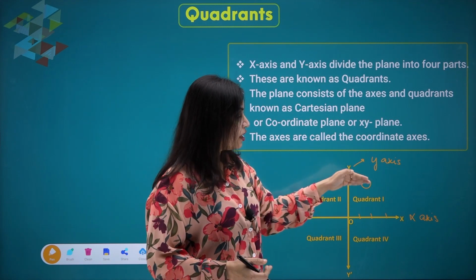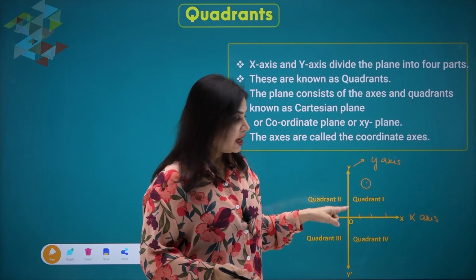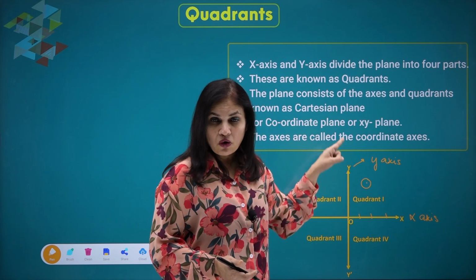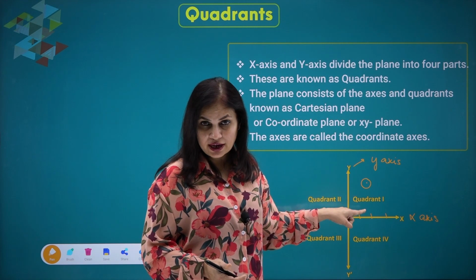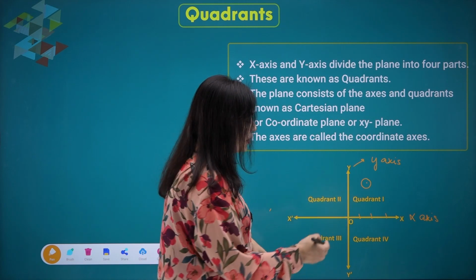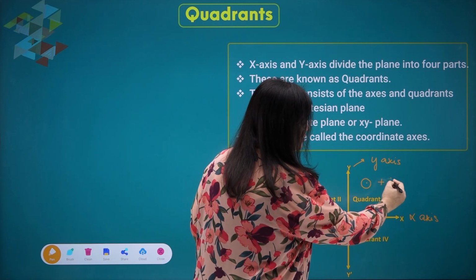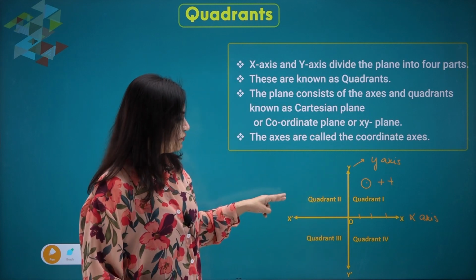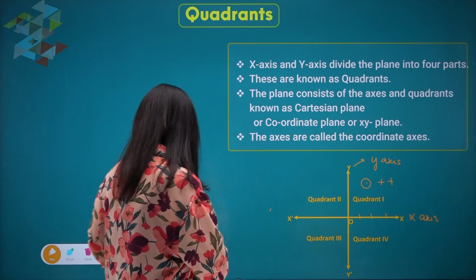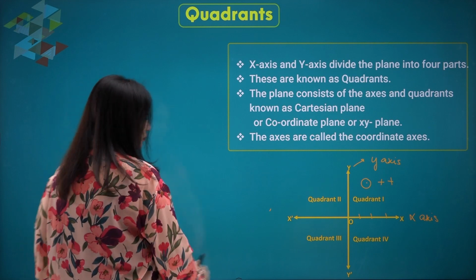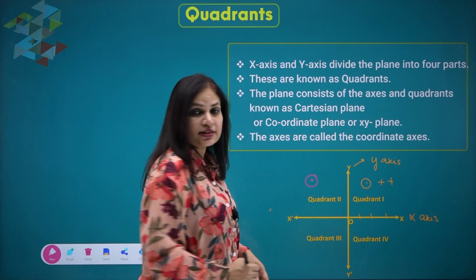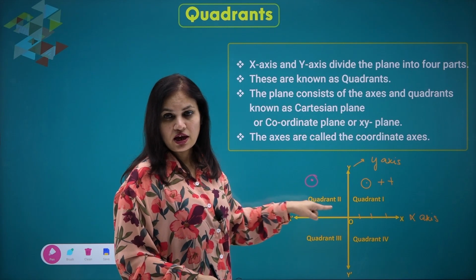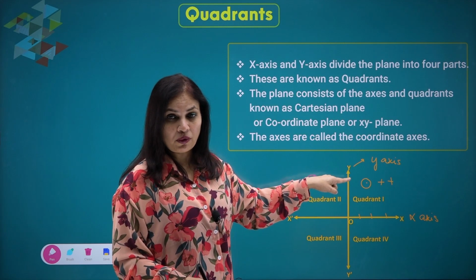If I take a point in the first quadrant, I'll have all the positive numbers lying on the x-axis, all the positive numbers of the y-axis. So here the values of x and y both will be positive. Similarly, if I choose a point in the second quadrant, I'll have negative values of x and positive values of y.